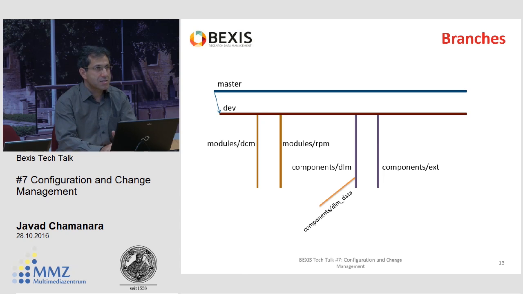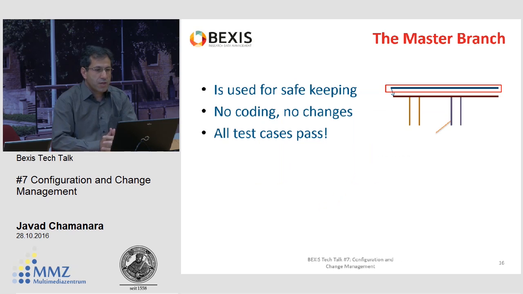So with this basic branching scheme, the master branch is for safekeeping, which means that no coding happens on the master branch and also no changes can happen there. At all times, all test cases should pass on the master branch.